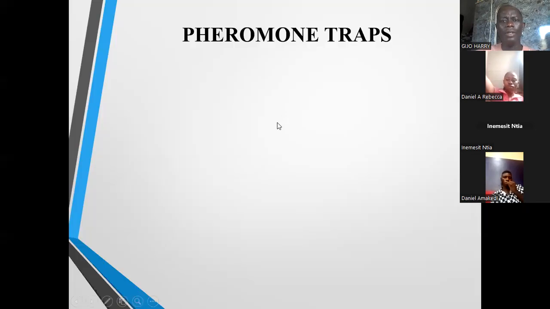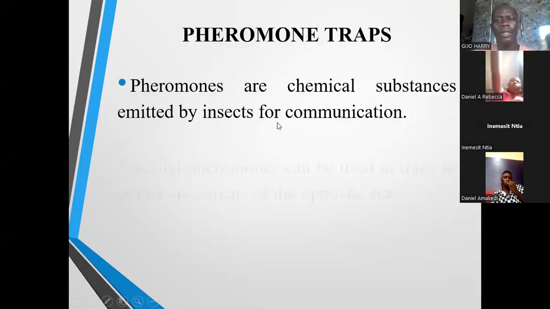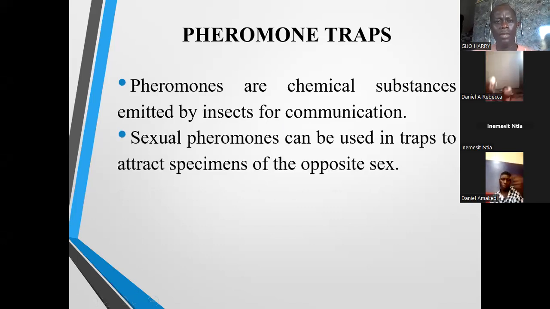So we want to continue our lecture with the use of pheromone traps for the collection of insects. Pheromones are chemical substances that are emitted by insects for communication, usually by insects of the opposite sexes to attract mates.